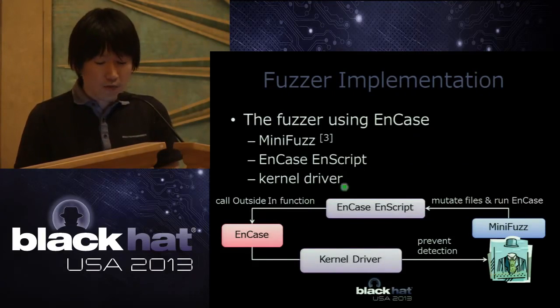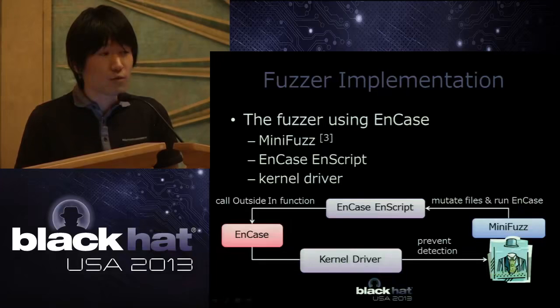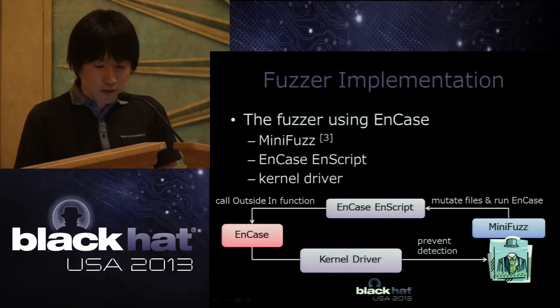This is an outline drawing of the fuzzer implementation using EnCase. It's composed of three factors. First, I use MiniFuzz, a file format fuzzer provided by Microsoft. It mutates input files and runs EnCase. Next, a custom script called EnCase EnScript invokes Outside In functions to display files.